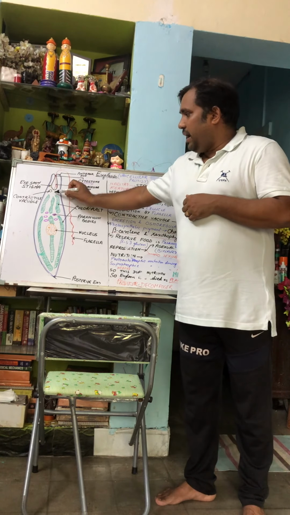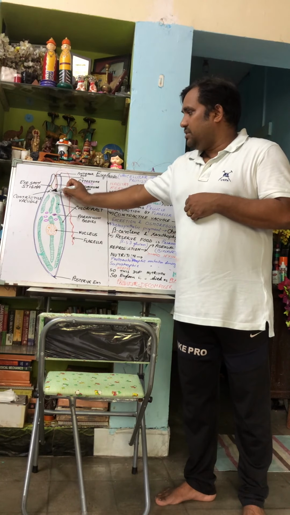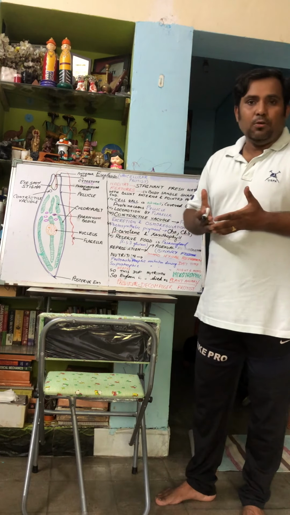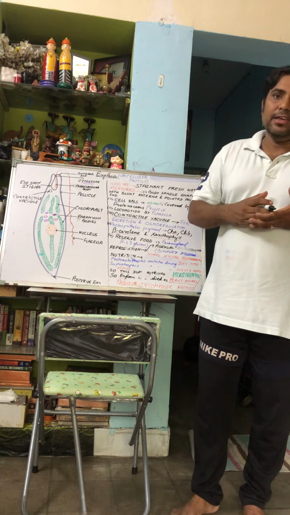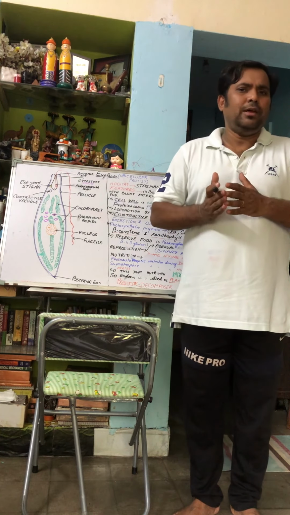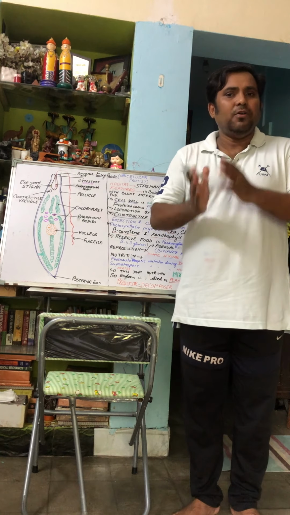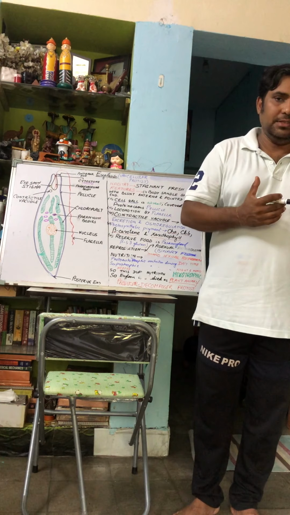If we see inside, there is another oval structure. You can see here, this is the contractile vacuole. And as you know, the contractile vacuole helps in osmoregulation and also carries out excretion. Osmoregulation means maintenance of salt and water balance.